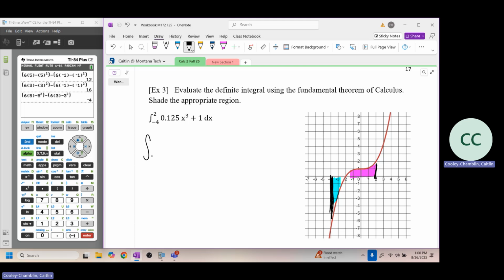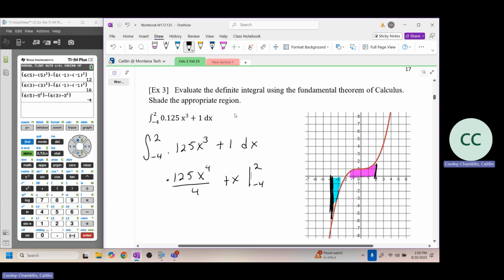So rewriting from -4 to 2, 0.125 x cubed plus 1 dx, we get 0.125 x to the 4th divided by 4 plus x evaluated from -4 to 2.